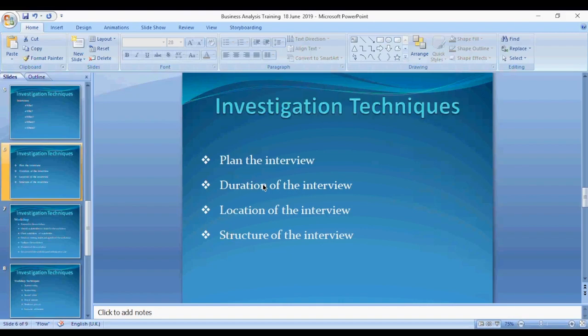And then the location of the interview. When you are carrying out your interview, it's always advisable to do it in the stakeholder's environment, because it will help them feel more comfortable and more confident as well. You may be in the same office, maybe on different floors.